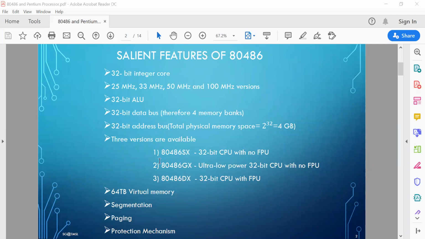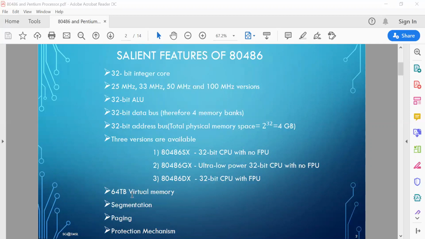Or if someone already has some system, he can implement only this 80486SX, because he or she already has the floating point unit externally connected to the processor. It doesn't need the on-chip FPU because of cost. So that's why these three versions are available in the market.